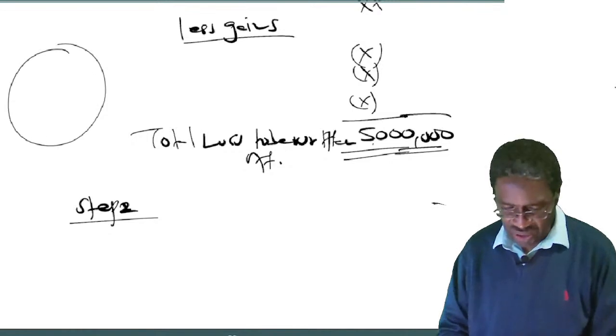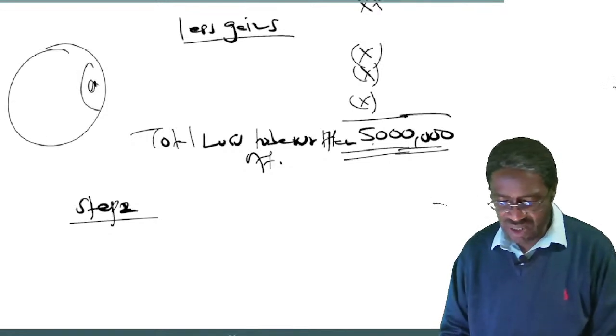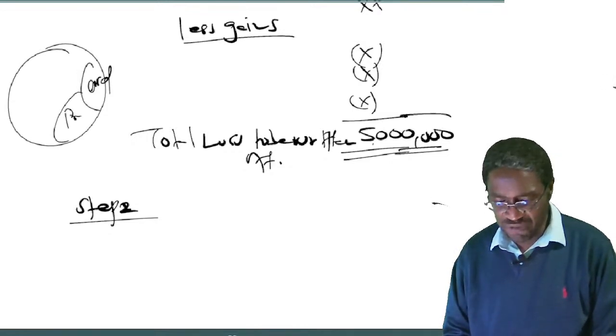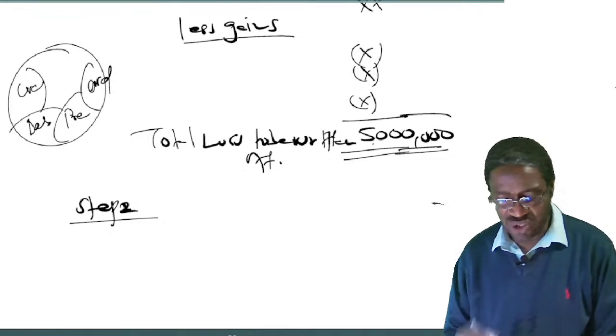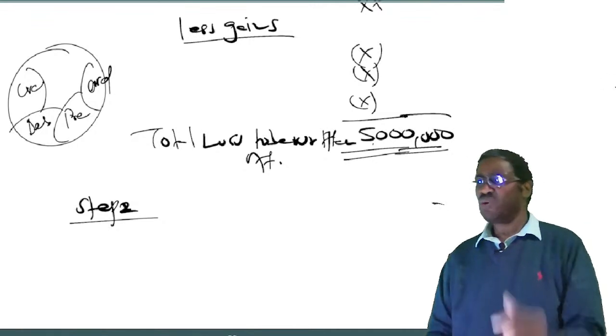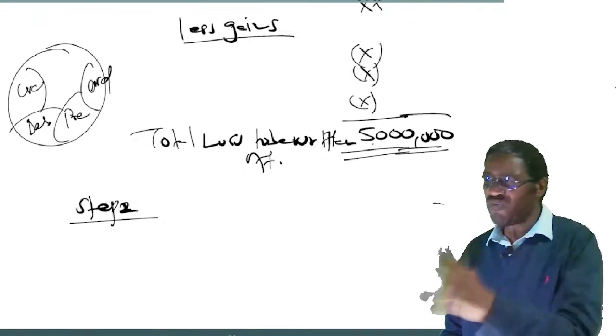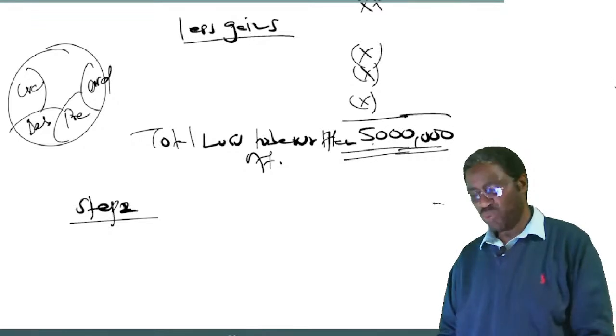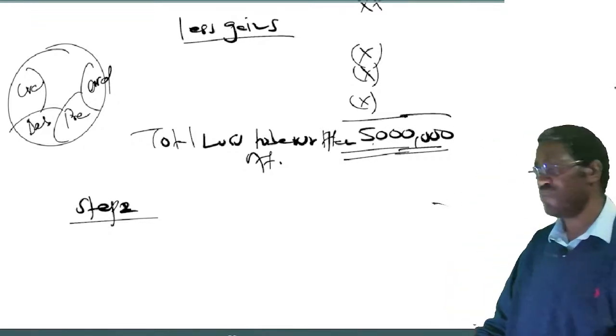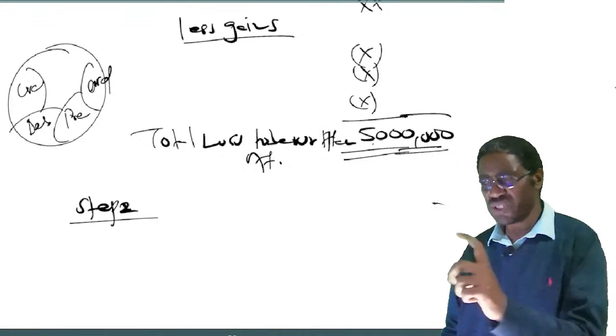The stakeholders include ordinary shareholders, preference shareholders, debenture holders, creditors, and so on. Now, we have to write off a loss of 5 million. So the question is this now. Listen.